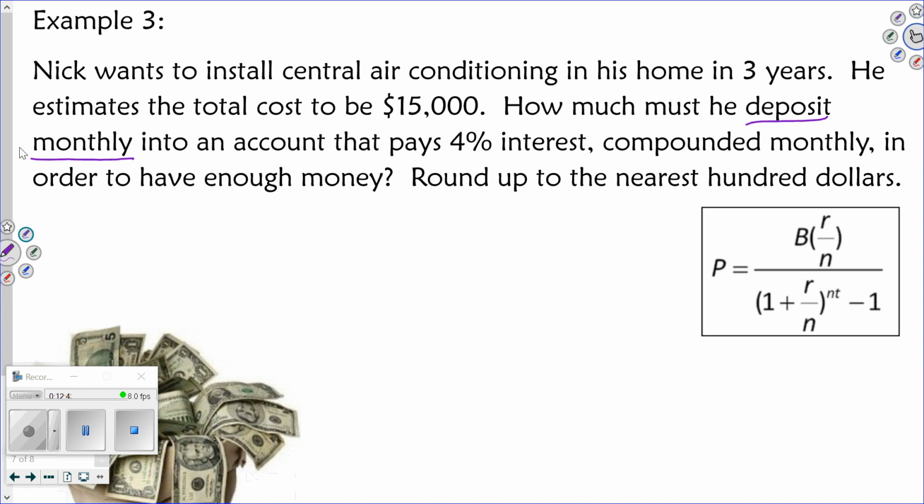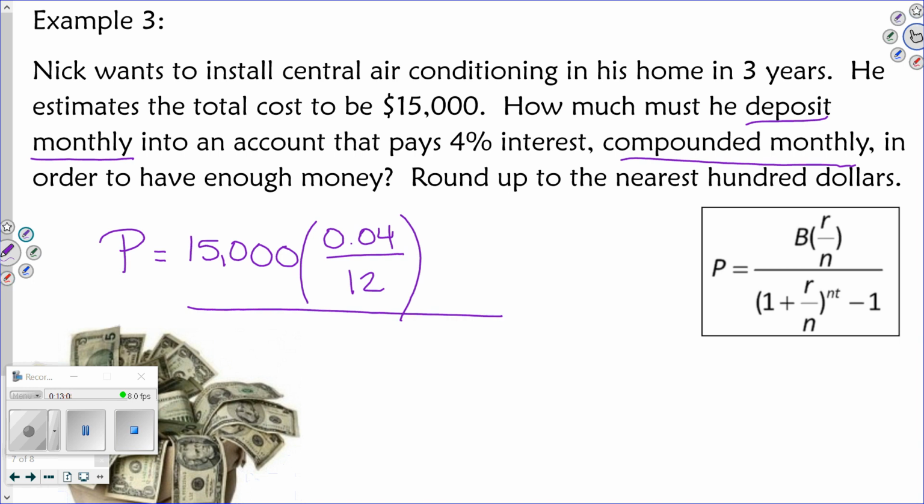Okay? So we're going to go P equals, here's the fun formula. How much does he need? 15,000. The rate is 0.04 divided by, what's the N? 12. Good. So it's compounded monthly.